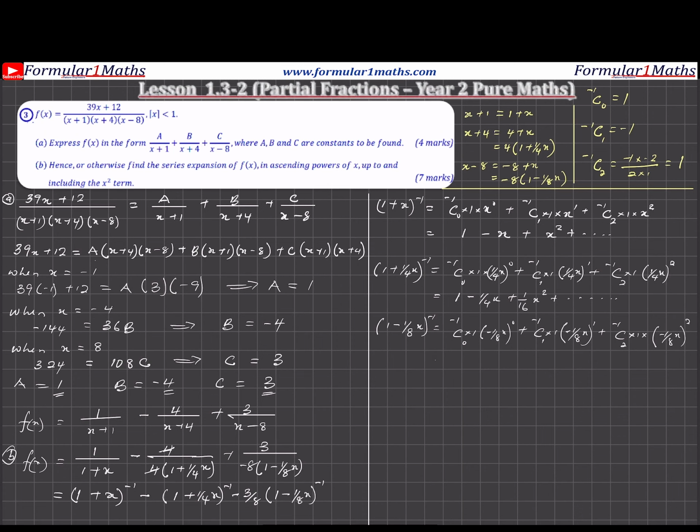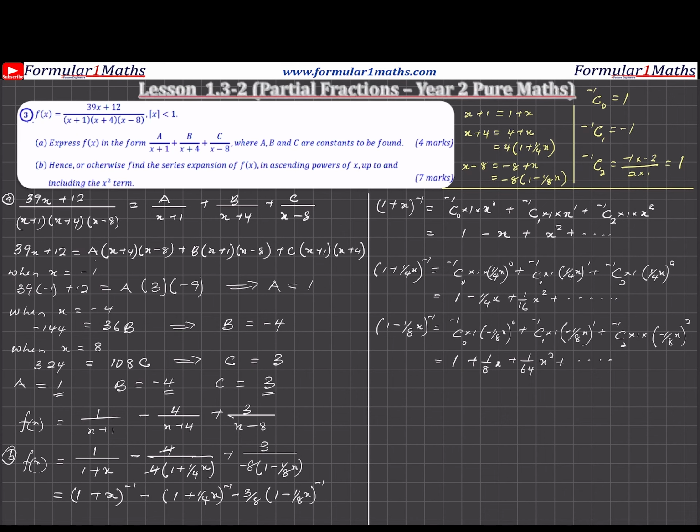This will simplify to, again we get 1 here, and that would be minus 1 times minus 1 over 8x. So that will become positive 1 over 8x. And then this one will be plus 1 over 64x squared.